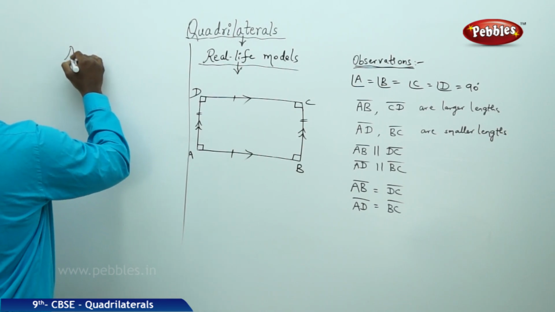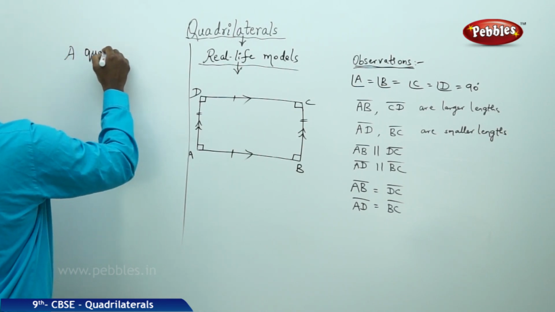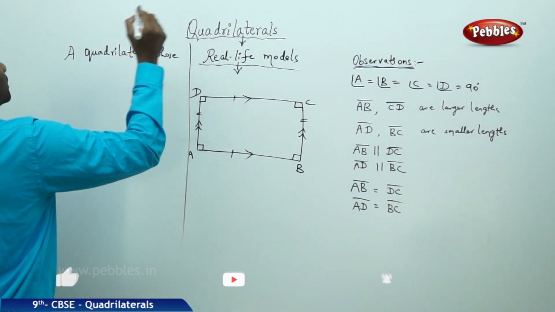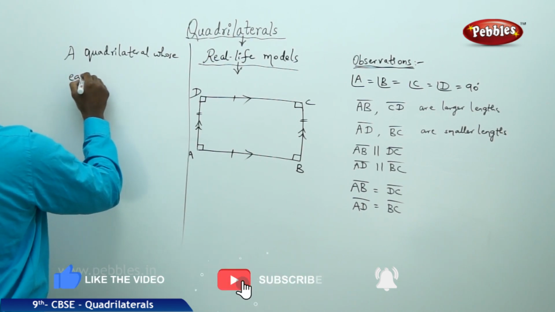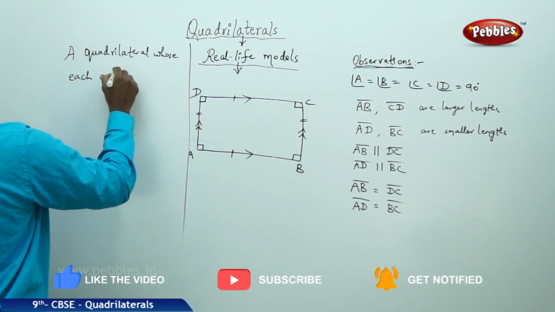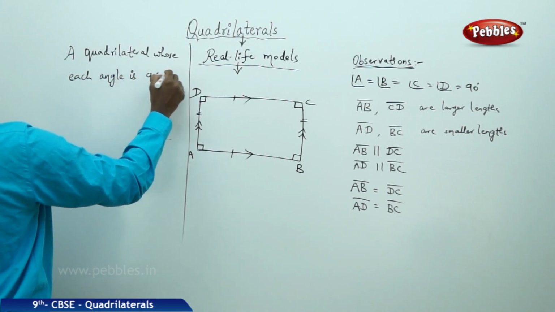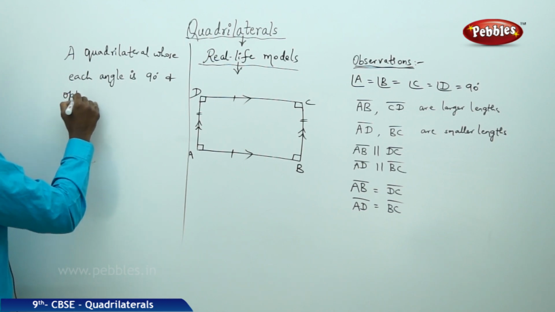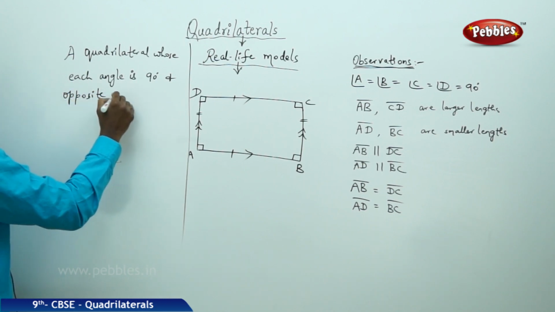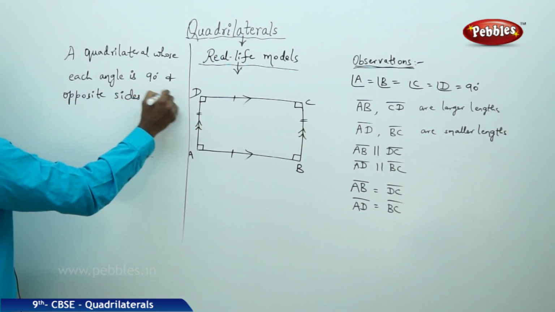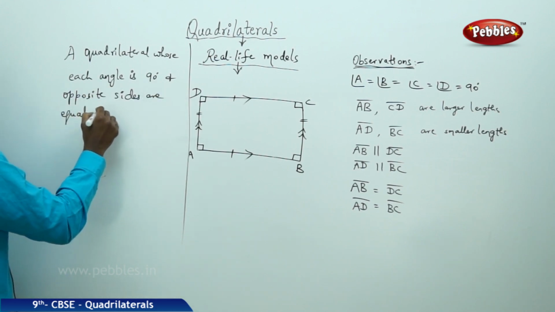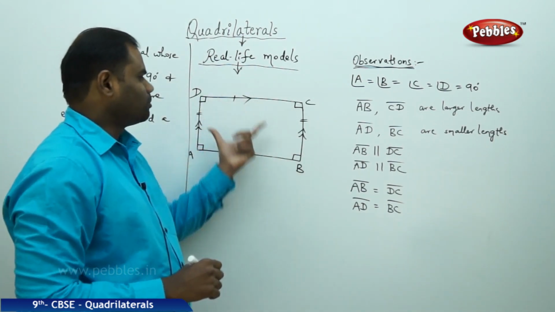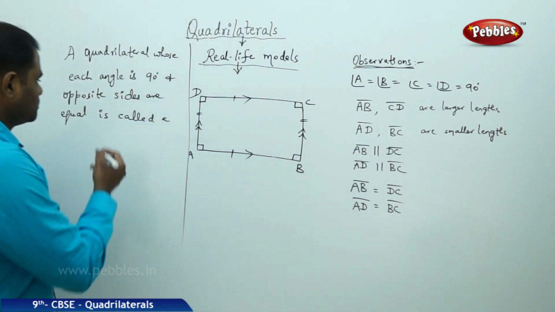So let's see a quadrilateral whose each angle is 90 and opposite sides are equal.